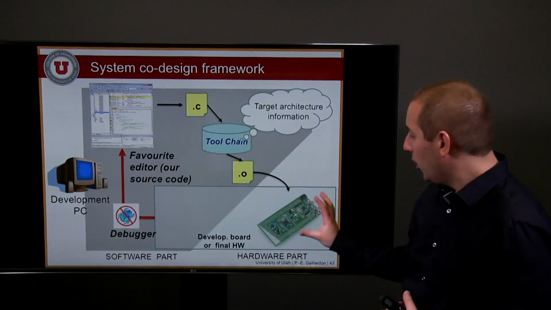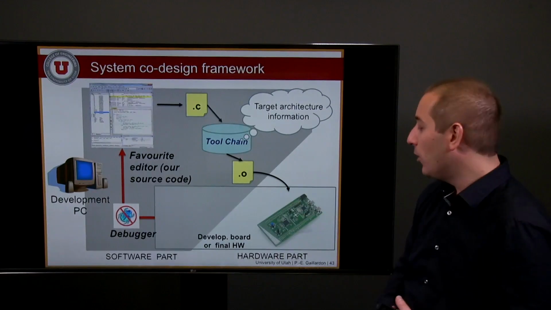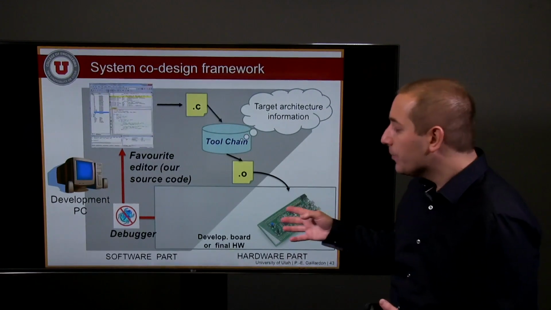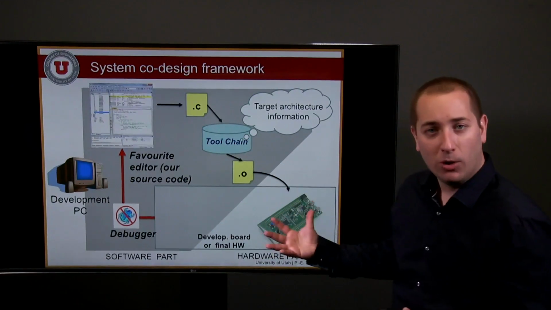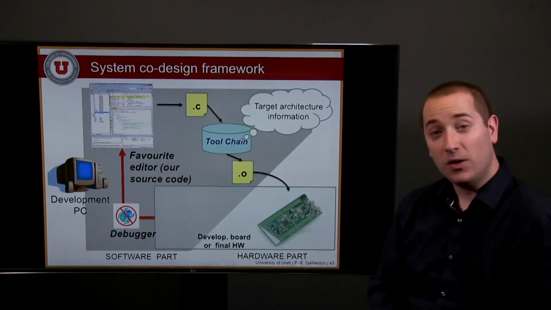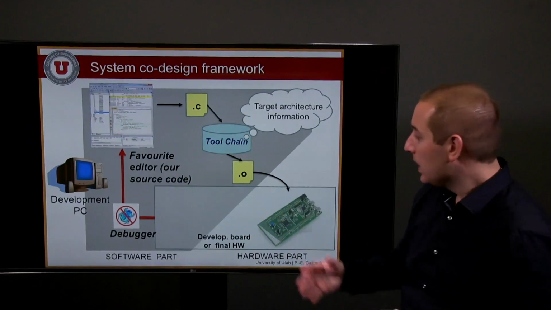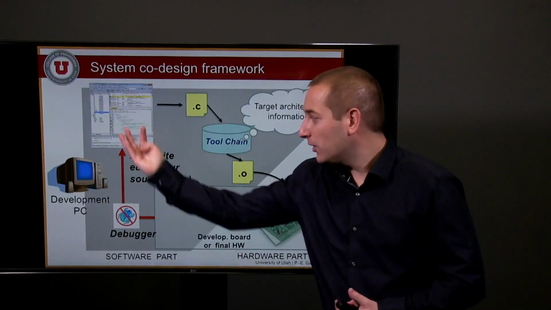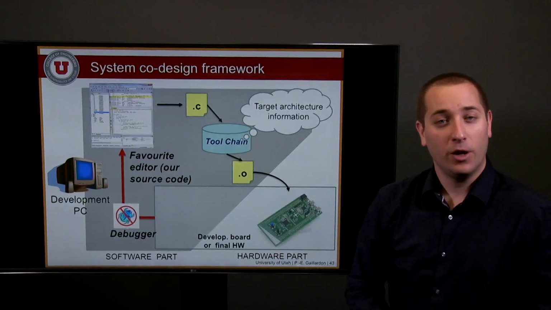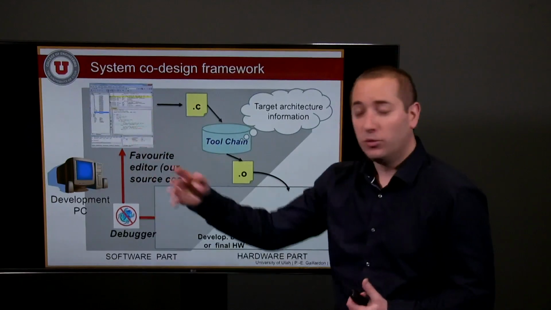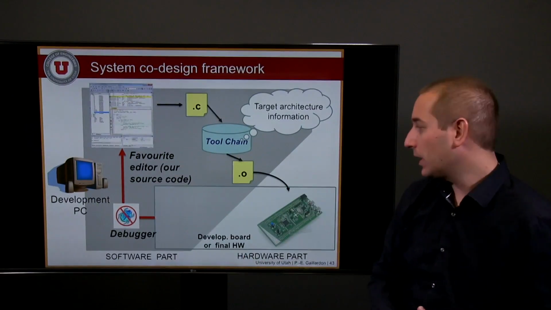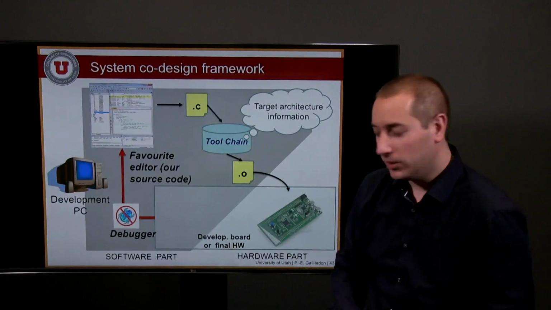You will then be able to load that on your development board. Now, the development board will also be able to run some debugger. That's the case with our STM32 discovery board. And this debugger will be able to connect with your development environment in order to set breakpoints and watch data, for example, inside of your memory.